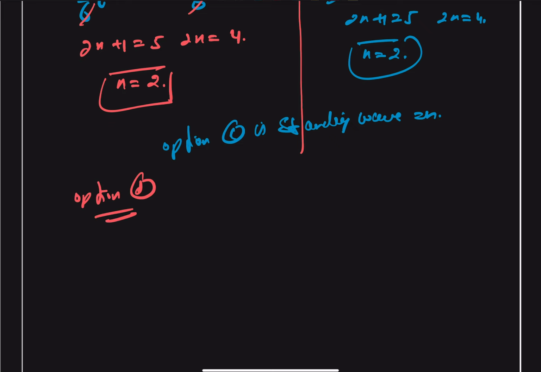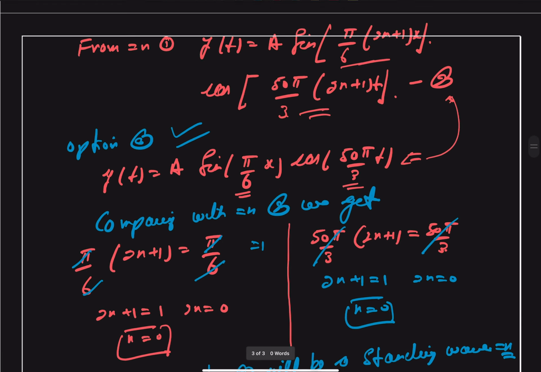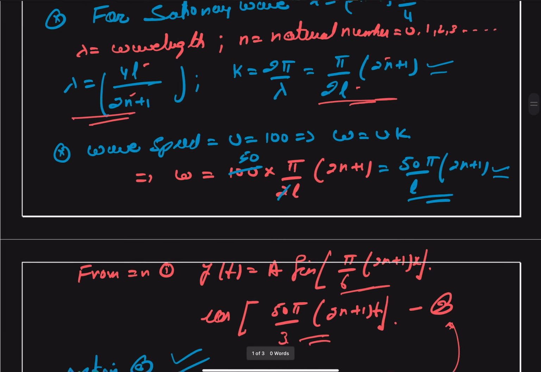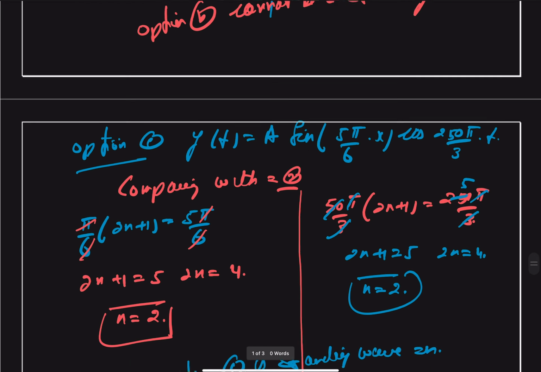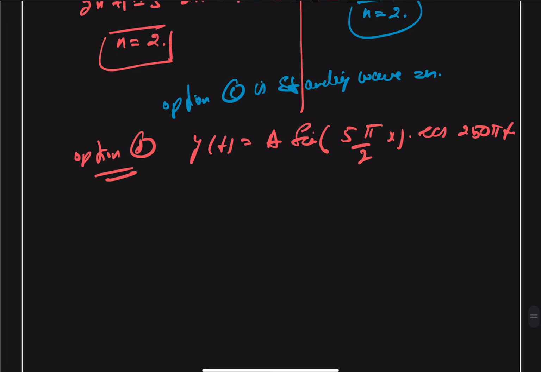Option D was given as y of t is equal to A sine of 5 pi by 2 x, and we have cos of 250 pi t, comparing with equation 2.